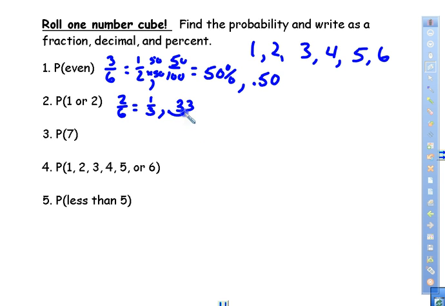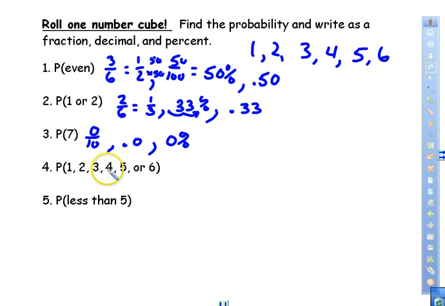So we can move our decimal over 2 places to get 33%. And the decimal, we already wrote that, so 0.33. Probability of getting a 7. Is there a 7? Nope, it's 0 out of 6. My decimal would be 0.0, and my percent would be 0%.